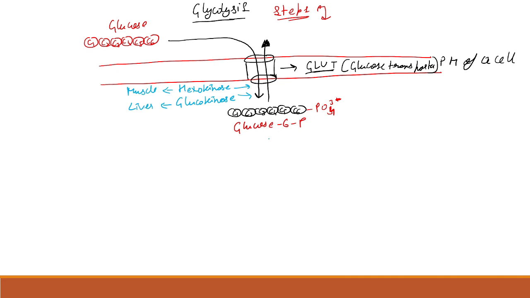Now what's going to happen? This glucose 6-phosphate would convert itself into fructose 6-phosphate.